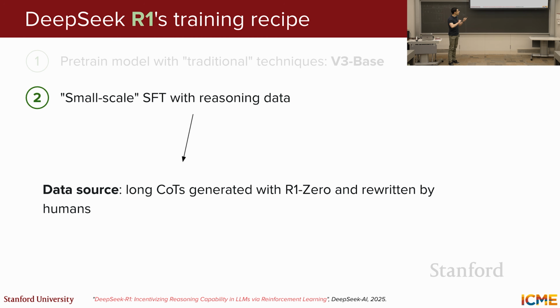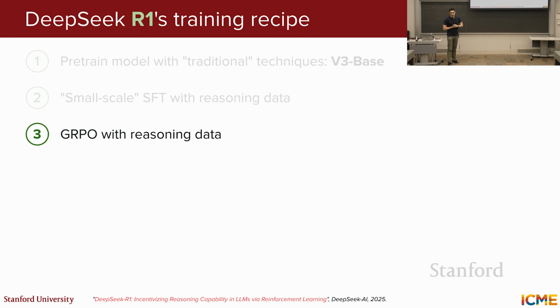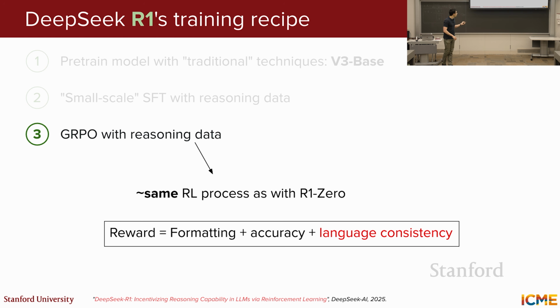Okay, so now that we have this stage ready, they continued with the RL stage that R10 would do. And then we're going to explore the reward function that they used. So not only do we have this verifiable reward based on the response of the reasoning model output that we wanted, but also we have the formatting reward.